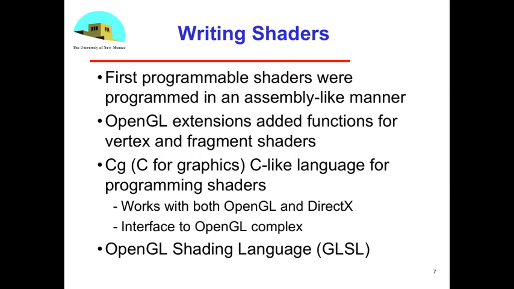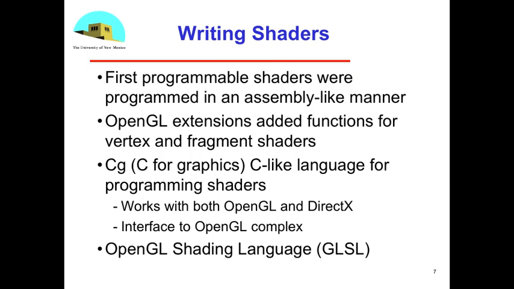Typically, NVIDIA would have an extension that said if you're using an NVIDIA GPU, then you can use this extension. Then came along Cg, which stood for C for graphics, from NVIDIA, which gave you a very nice programmable language, but at that time it only worked on NVIDIA cards, and it worked on Windows systems through DirectX.